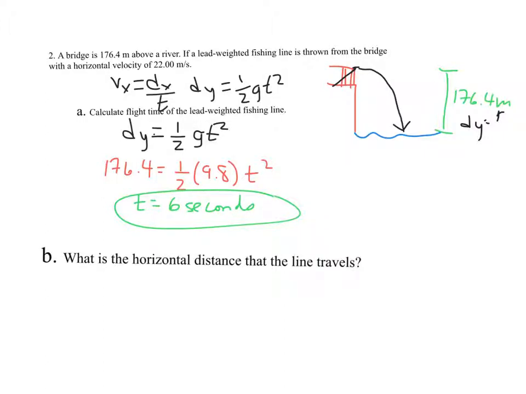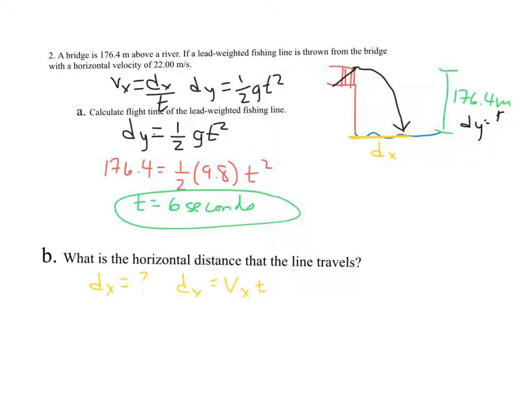Okay, so the second one of these equations is the horizontal distance that the line travels. If you look at your picture up here, that is going to be this point right here, which is my dx. So they're trying to figure out how far out it went. For that one, you're going to use that first equation, dx is equal to vxt.